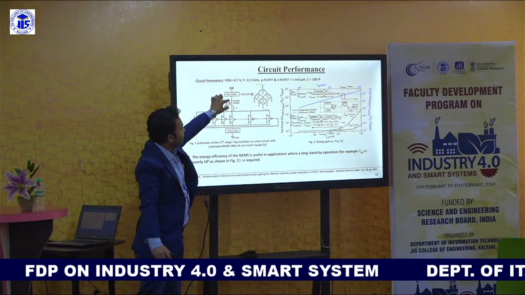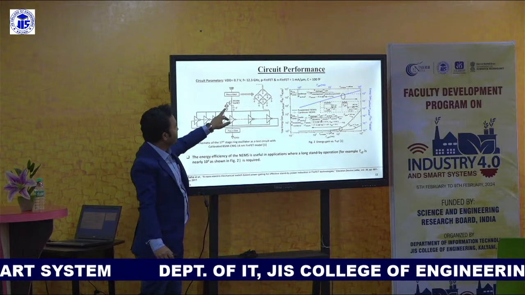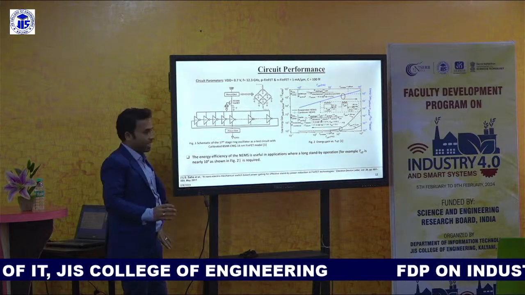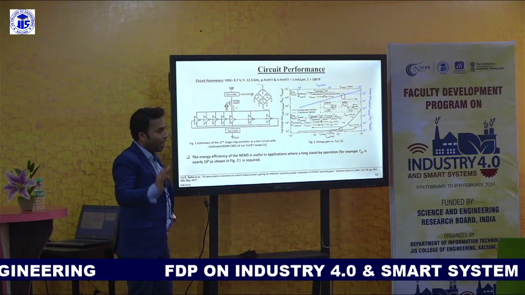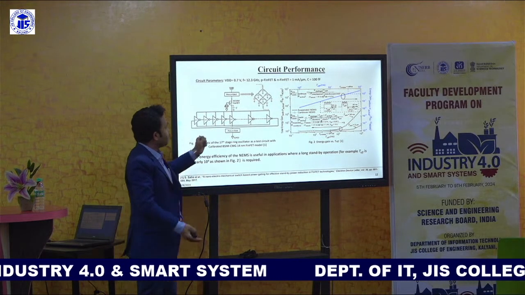Whenever this path is on, the circuit works. That is the power gating technique. It is a real-world technique used everywhere, in this phone, in laptops, to minimize leakage power.